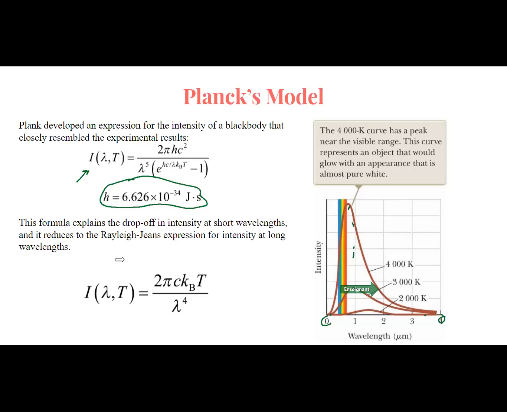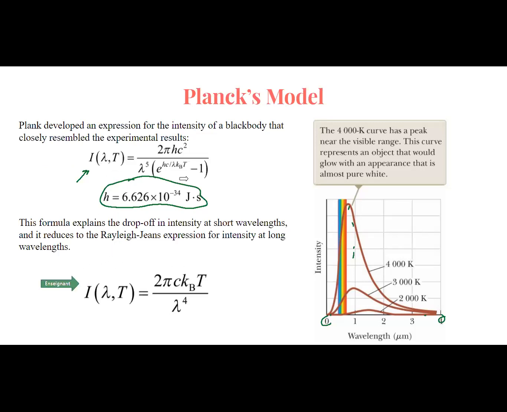Anyways, for classical physics, they developed a formula for the intensity called the Rayleigh-Jeans expression. This formula doesn't really follow the observational data at all. It does work for long wavelengths. So if you take the Planck formula, which is more accurate, and you are dealing with the intensity of long wavelengths, then you can actually use the Rayleigh-Jeans expression.